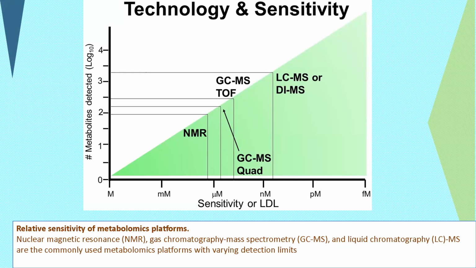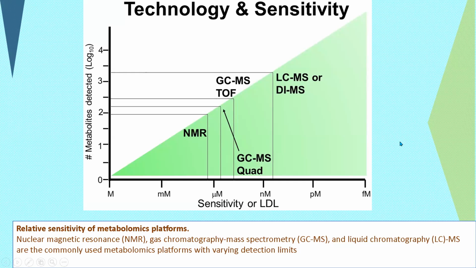And nuclear magnetic resonance NMR, then gas chromatography technique GCMS/MS, then LCMS/MS are the commonly used metabolomics platforms with varying detection limits. Of course, HPLC is still the gold standard.